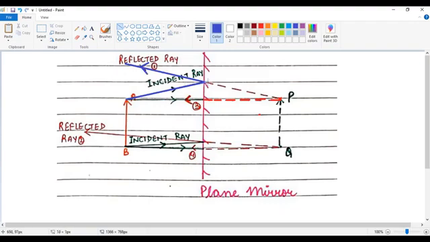While doing so, make sure that when the light is reflected backward, it intersects the previous dotted line at point P. These two dotted lines are reflected rays when produced behind the plane mirror.